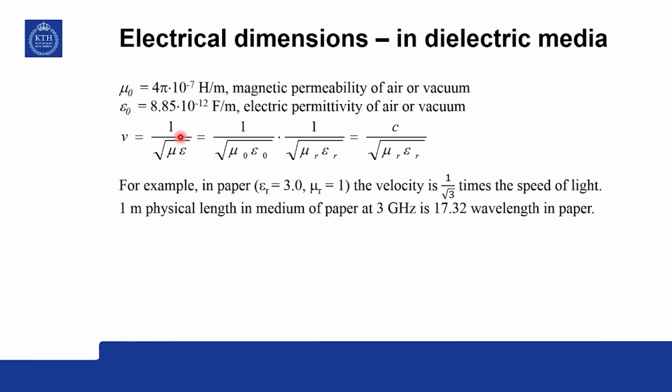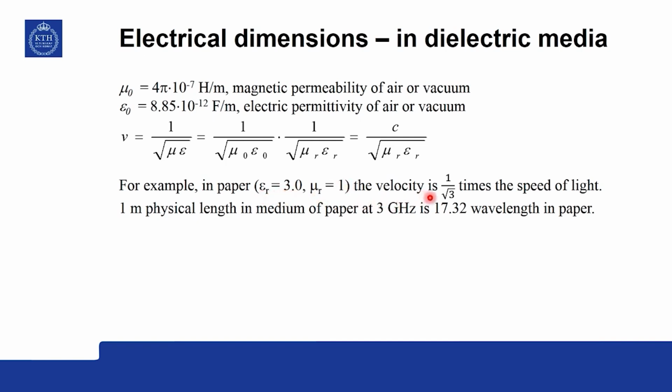Mu epsilon has two terms: mu is mu 0 times mu r, and epsilon is epsilon 0 times epsilon r. If we separate it out, we can write it as c divided by the square root of mu r epsilon r, because 1 by square root of mu 0 epsilon 0 is the speed of light c. So, c divided by the square root of the relative permeability and permittivity. For example, in paper mu r is 1 and epsilon r is 3.